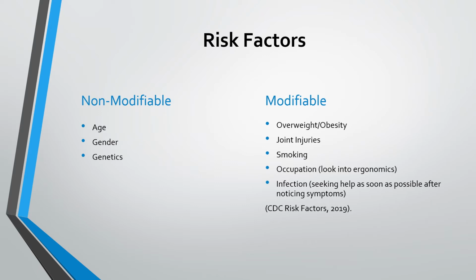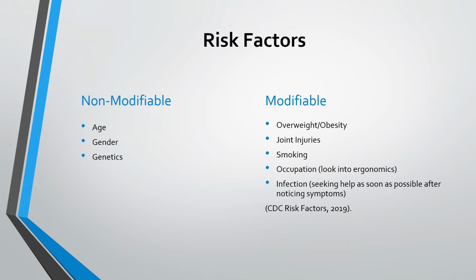Gender, women are more likely to get the more common types of arthritis like osteoarthritis and rheumatoid arthritis, but they may get it later in life than men. It'll just come on faster and probably hurt more. Genetics, you have a higher risk of developing arthritis if a close family member or relative has had arthritis as well.